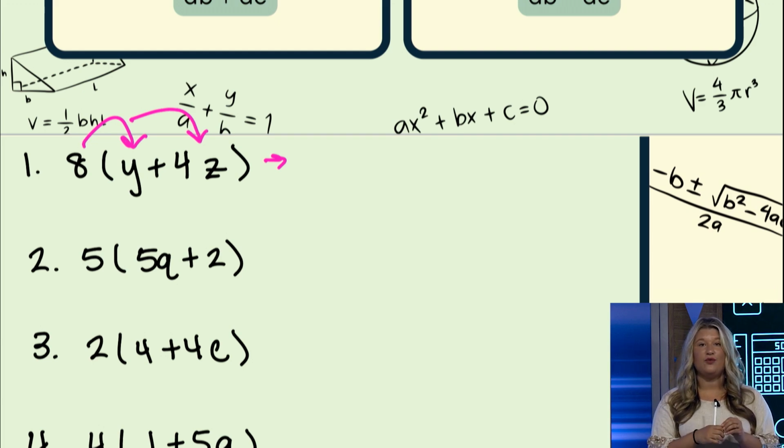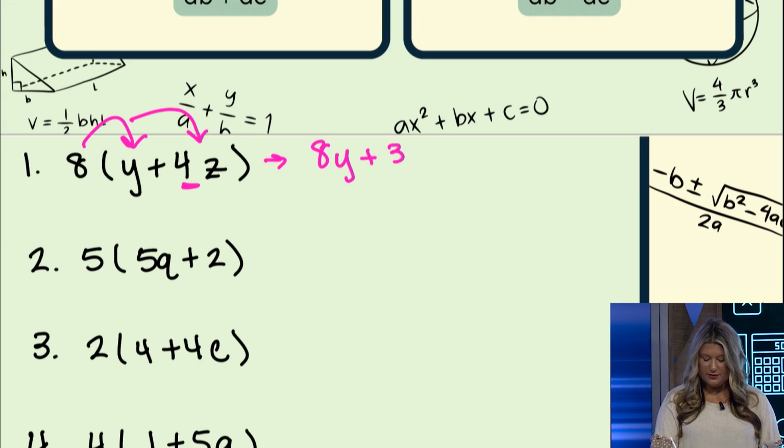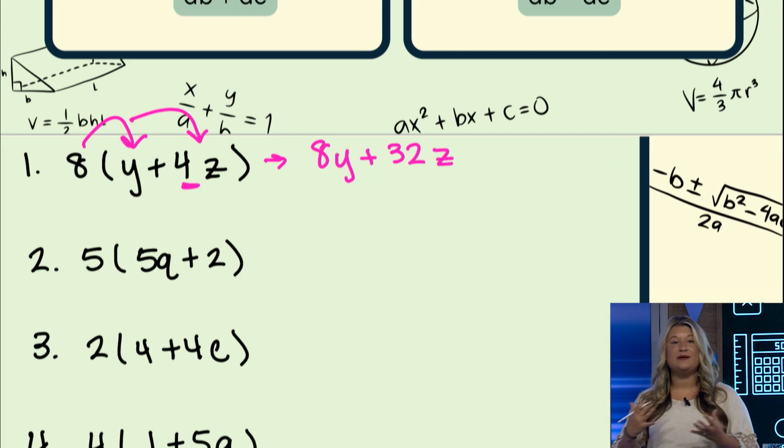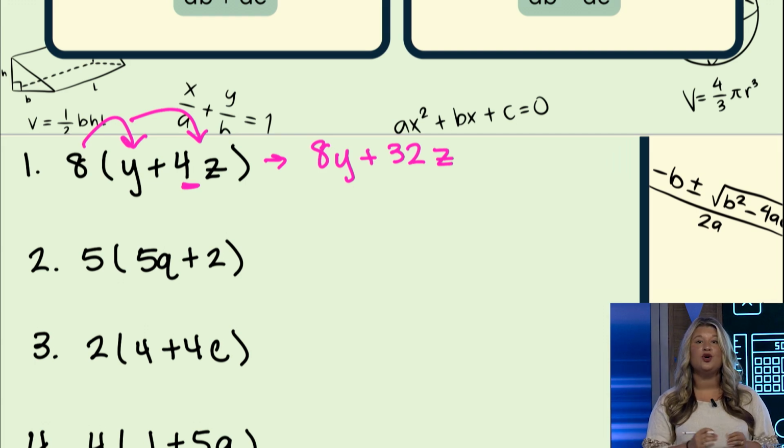So we multiply them, we just write them together. We have 8y. Okay, now 8 times 4z, 4 is the coefficient, okay? 8 times 4 is 32, so we have plus 32z. And that's our answer. We're not really simplifying or reducing at this point. We're just rewriting them into being equal.